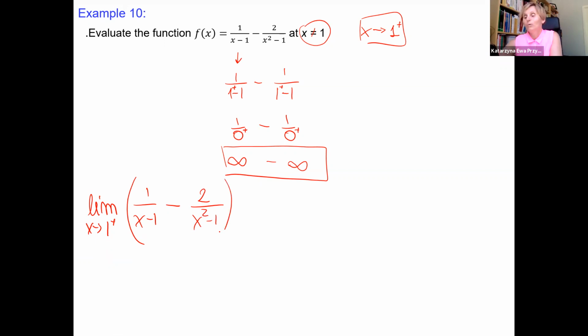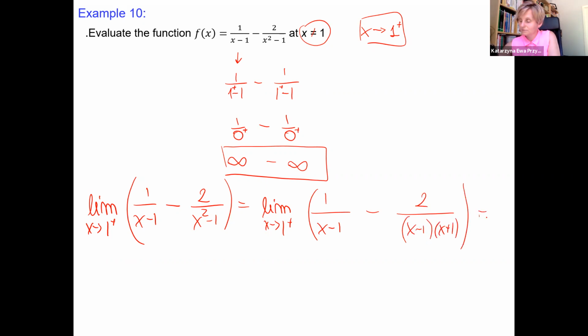In this case, one of the ways is simply to get a common denominator and see if we can simplify some terms. Maybe we can eliminate these infinities. For the common denominator, we can factor this one: x minus 1, x plus 1.